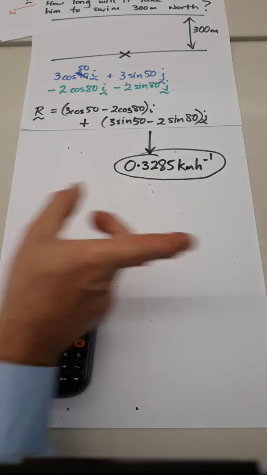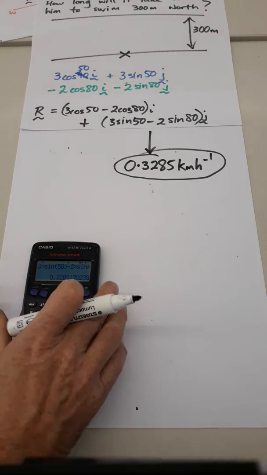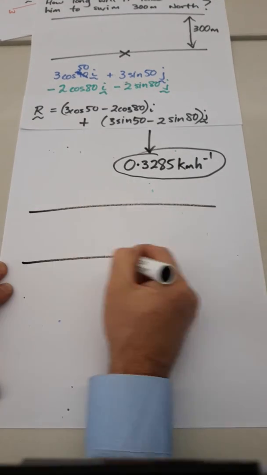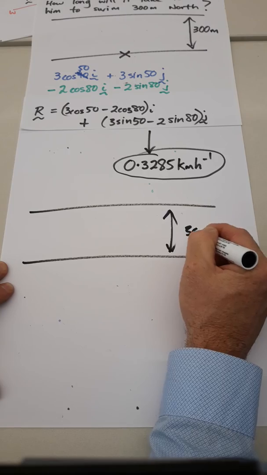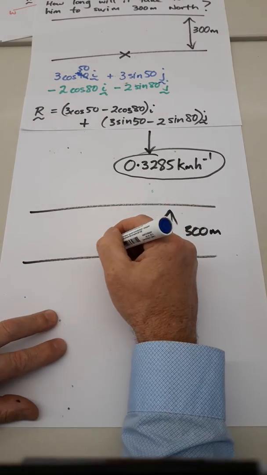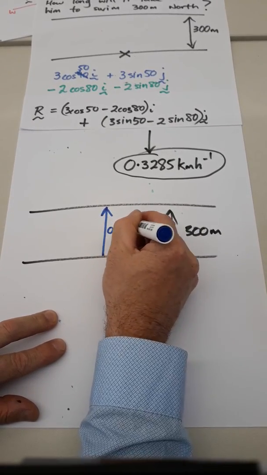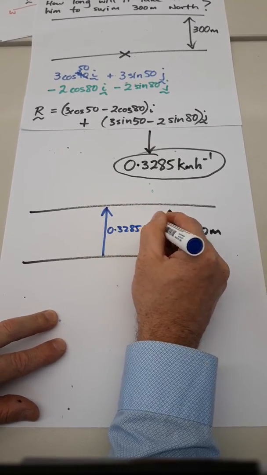I don't care which way horizontally he ends up. But if you're looking at this river, which is 300 metres wide, his vertical movement, his speed going across there is 0.3285 kilometres per hour.